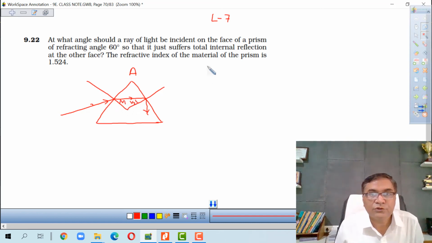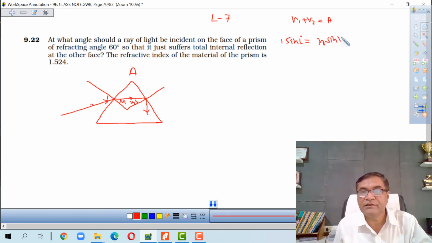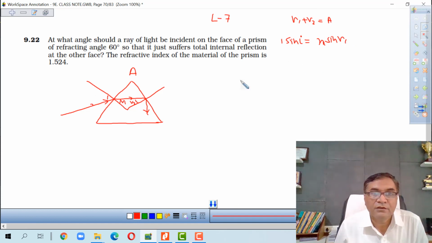So the basic relation is R1 plus R2 is equal to A. That is our formula, and I have Snell's law, 1 sin I is equal to n sin R1, and the third one is sin theta C is equal to 1 upon n.